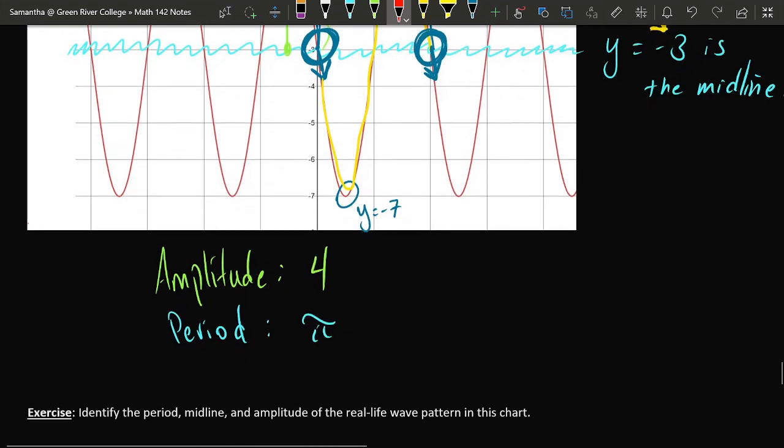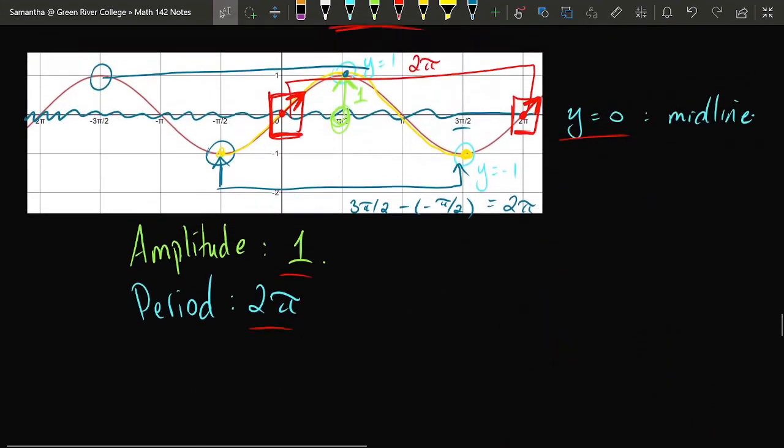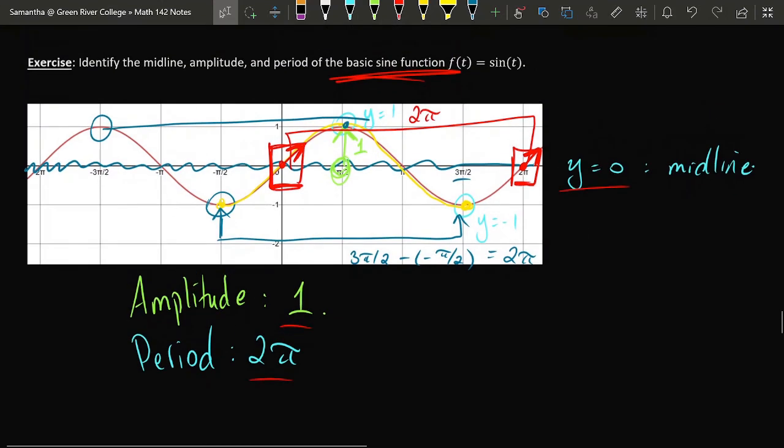Let's compare the period of this function to the period of the basic untransformed sine function that we got in the previous exercise. The basic sine function, completely untransformed, has a period of 2π units.